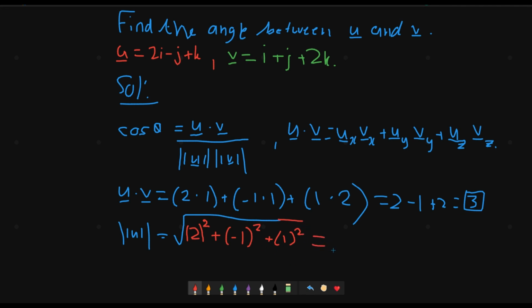So of course this is going to be the square root of 2 squared is 4, minus 1 squared is 1, and 1 squared is 1. So this equals the square root of 6. So that's the magnitude of u.